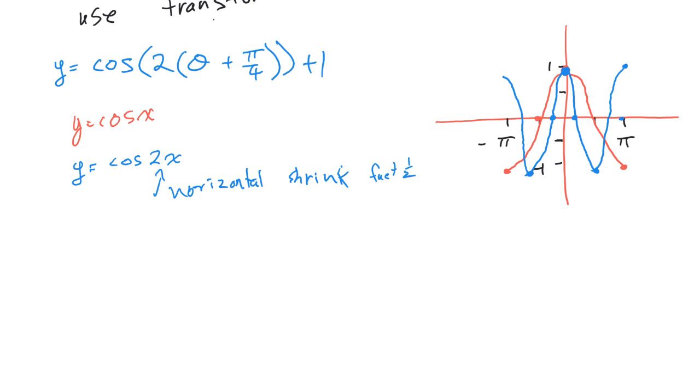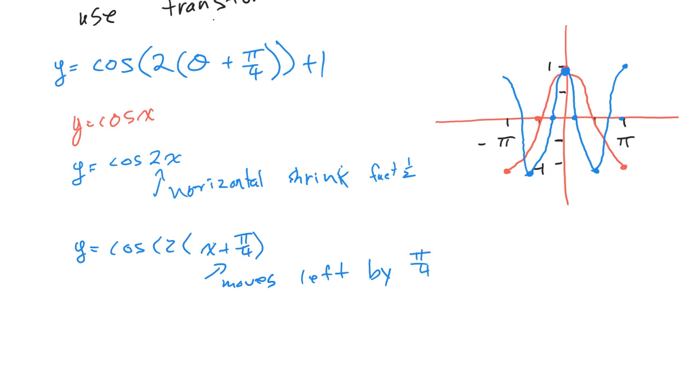Now let's take a look at what happens when we apply this half of our transformation. Now when we apply y is equal to cosine of 2 bracket x plus pi over 4, this means it moves left by pi over 4.